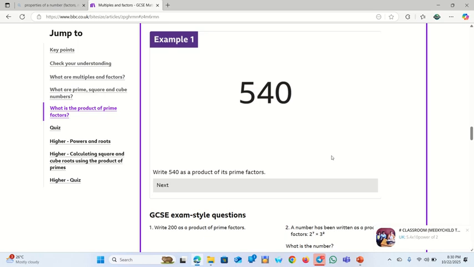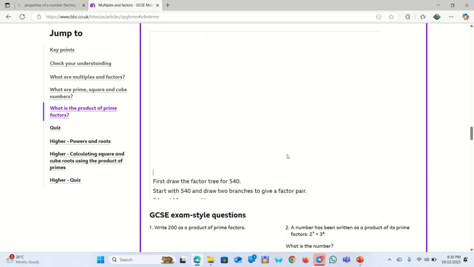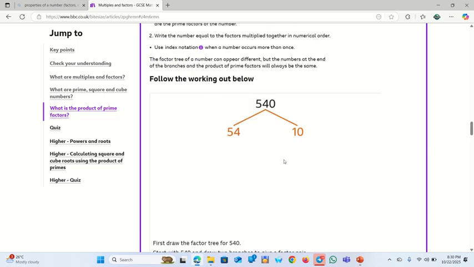Write 540 as a product of its prime factors. That's what the question is demanding of us. So it's not 5 times 4, that's 54 times 10. I thought you could do research.